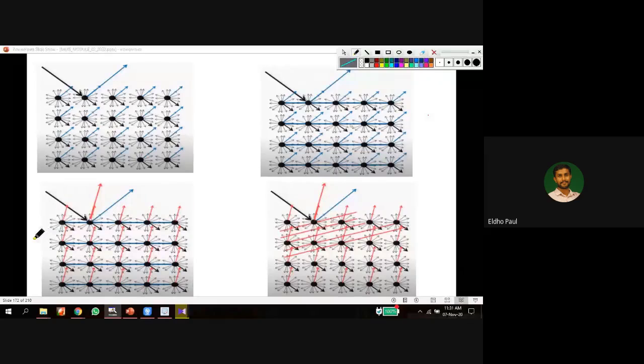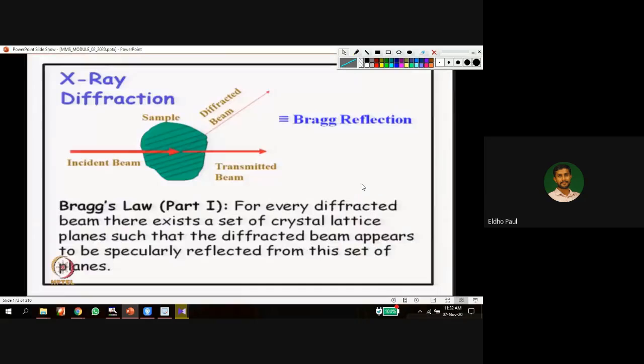If you construct a plane here, this angle and this angle, between the plane and this red resultant constructive interference beam and the incident beam, will be the same. Both are theta. Okay, so in this way we construct a plane. So this is the set of planes in the lattice. So that is Bragg's law.